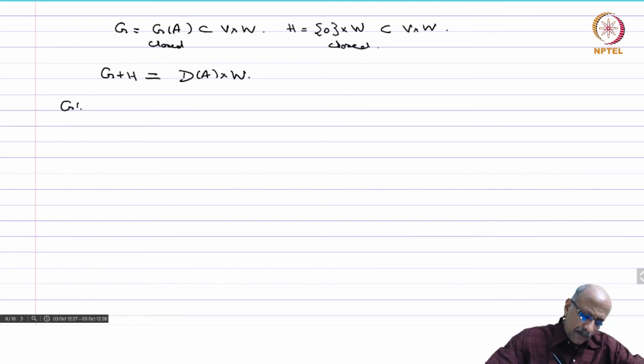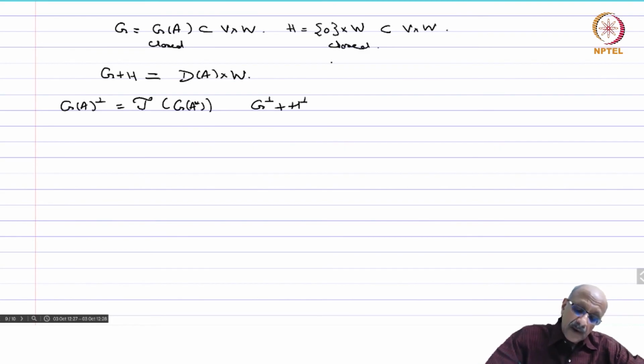Now G(A) perp is J of G(A star), flipping and putting a minus sign, and therefore we have G perp plus H perp. Now what is H perp? For H perp, you want to kill everything here. So the second one, if you want to kill all of W, you will have to be 0, and if you want to kill 0, any element is fine.